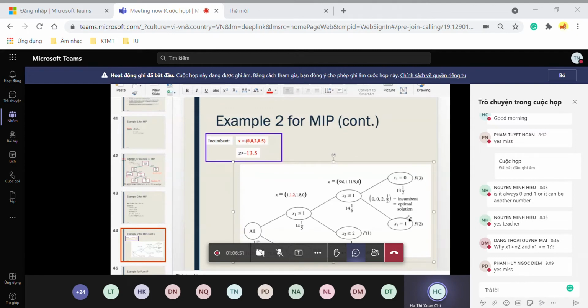My question is, so in here, why don't we consider x3, but why do we consider x1? Why?